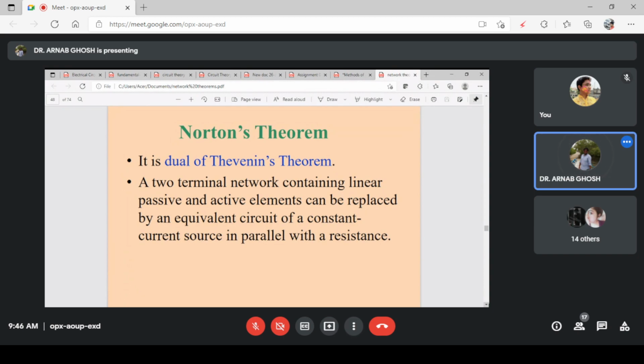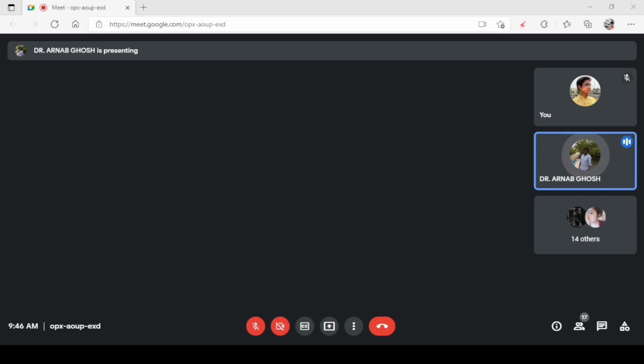Right. Now, when I am talking about duality of Norton's theorem and Thevenin's theorem, if we are considering the same circuit and applying both theorems, the Thevenin's resistance and the Norton resistance will be equal. Why will they be equal? Because what is the method? First, you remove the load resistance.